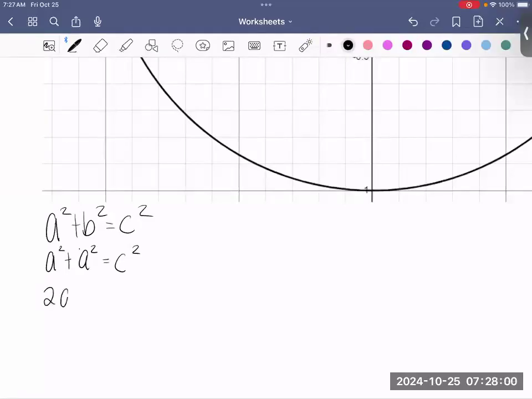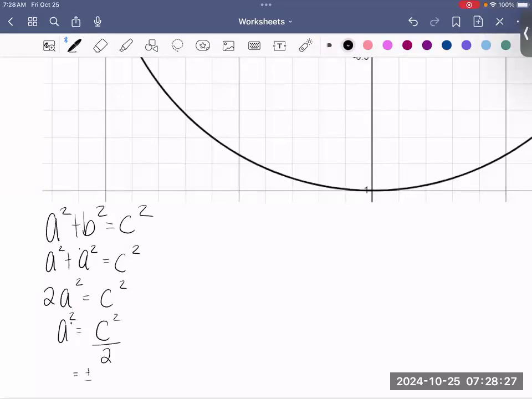We now have 2a squared is equal to c squared. If we're trying to solve for a, we want to get a alone on one side. We can say that we're going to divide both sides by 2. Now we have this square, so we're going to square root this whole thing.